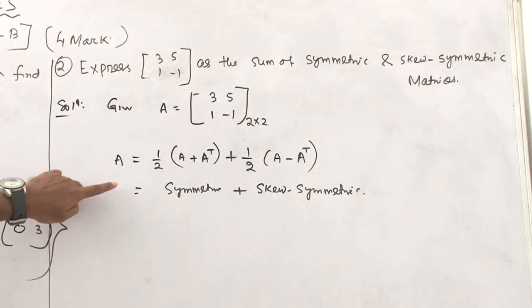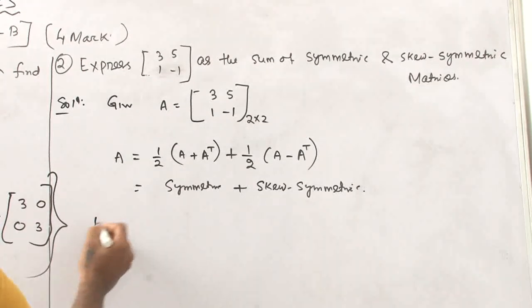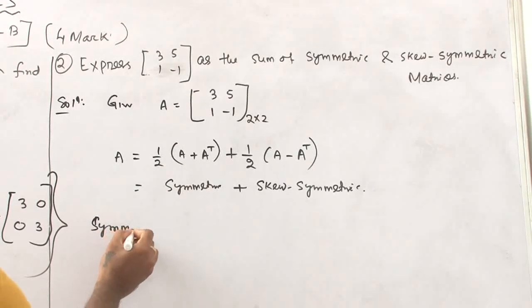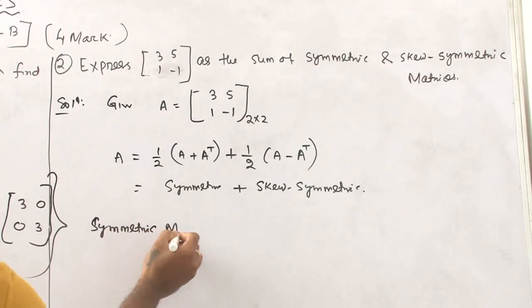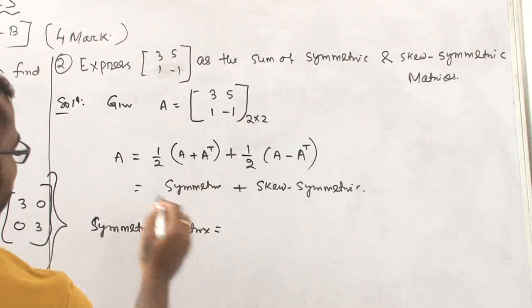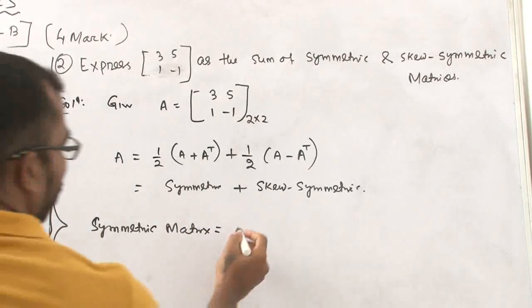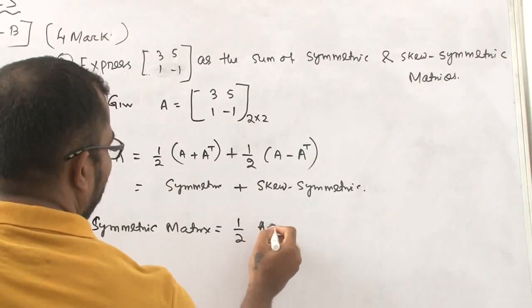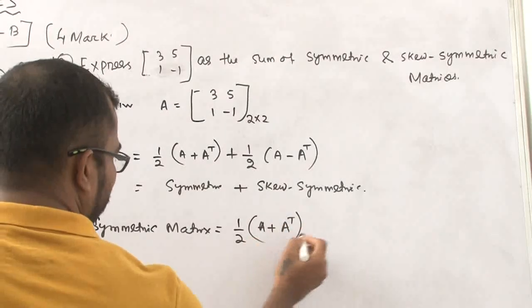So first we have to find the symmetric matrix. The value of the symmetric matrix is half of A plus transpose of A.